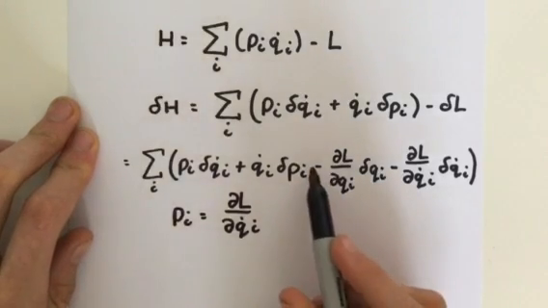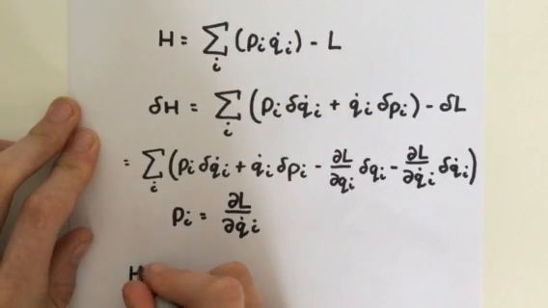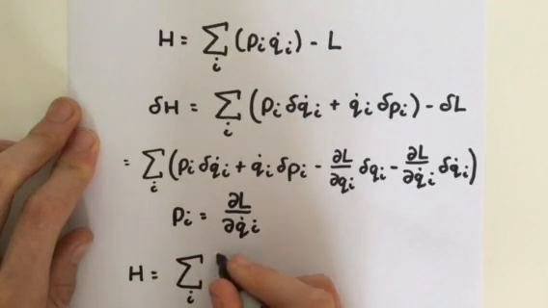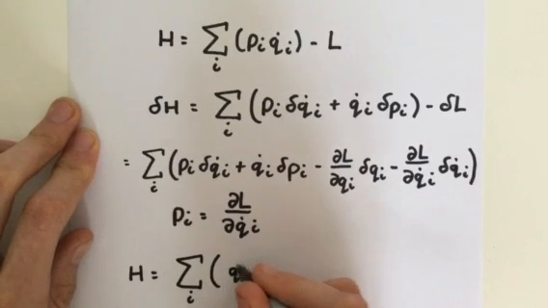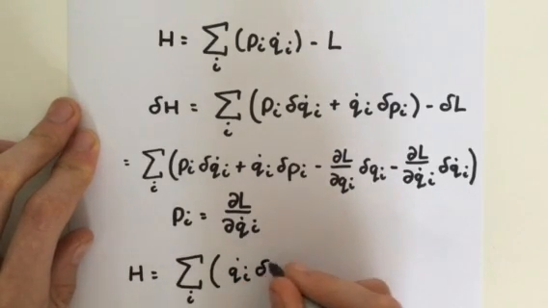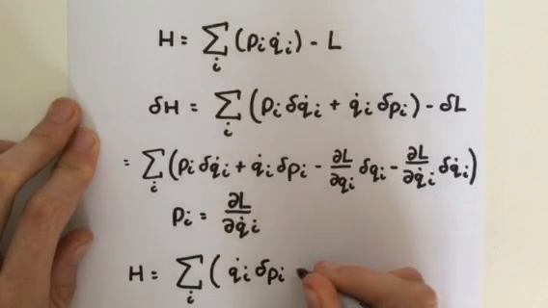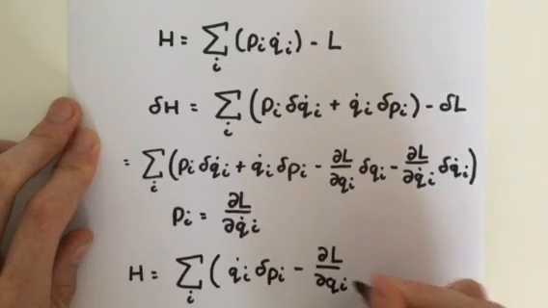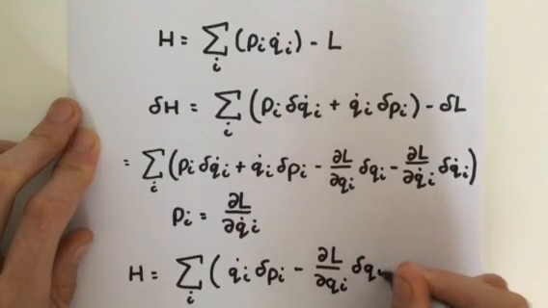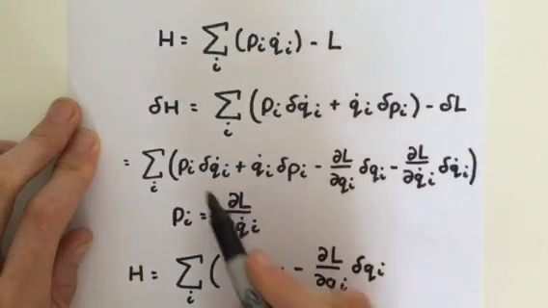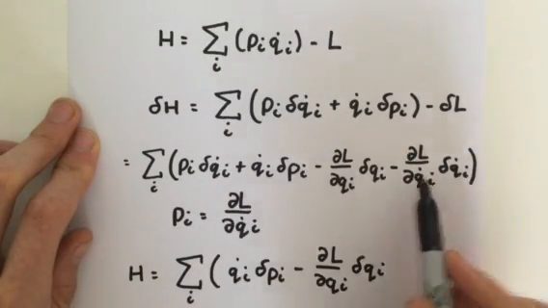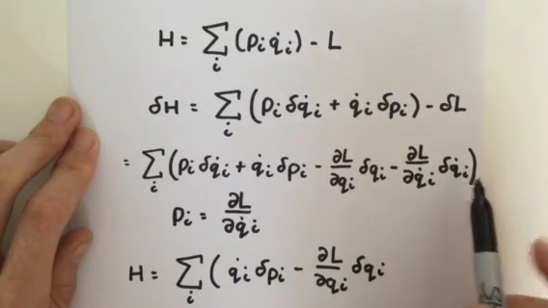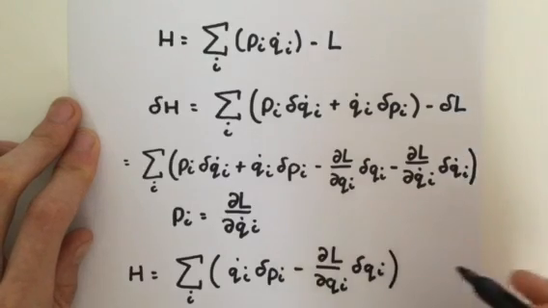So we can simplify this expression, and we get the change in the Hamiltonian is simply equal to the sum over i of q dot i times the change in p_i, and we minus dL by dq_i times the change in q_i, like so. Why? Because p_i and dL by dq dot i cancel, and our delta q dot i will cancel with our delta q dot i on the other side. Alright, so let's bracket that off like so.